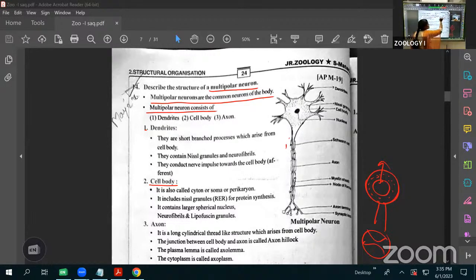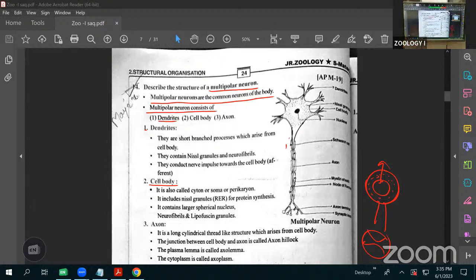Next, from the cell body, a number of short branches arise. These branches are called dendrites. Only one long branch arises downward, that we call the axon. Like this, the neuron has three main parts: the cell body, the dendrites, and the axon.